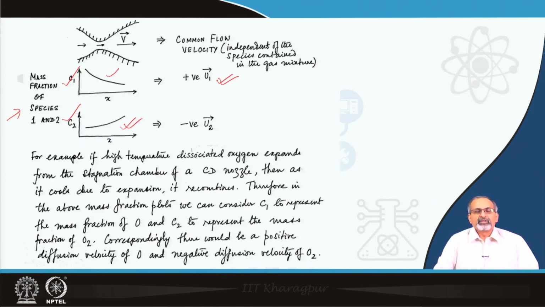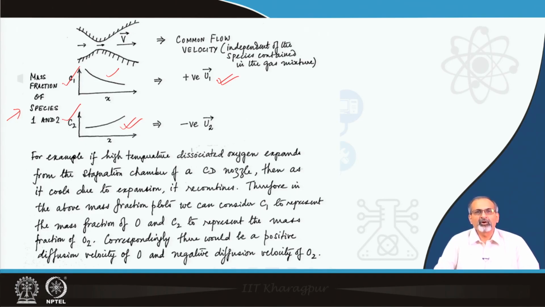And we said that different kinds of concentration of the different species in the multi-component gas mixture may exist, like the example that we cited over here of atomic and molecular oxygen.